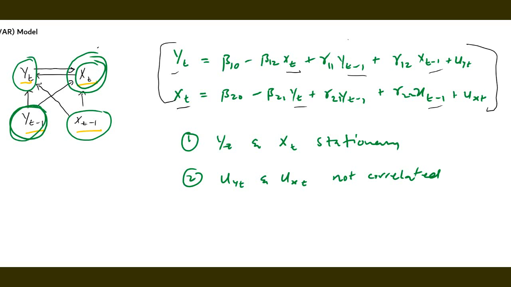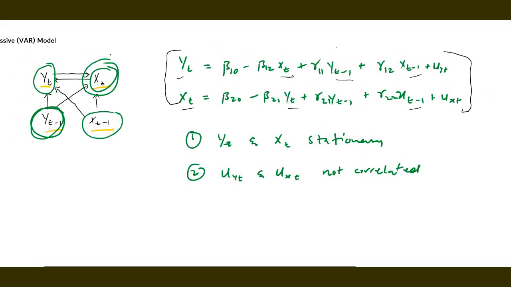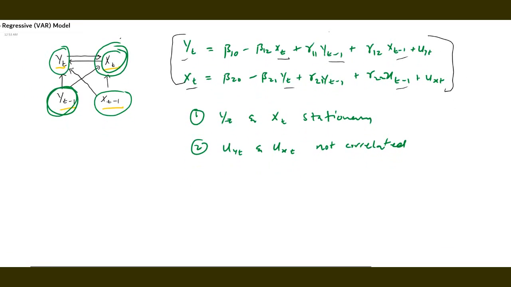We want to convert this model into a reduced form. For that purpose, we write the equation, and we will bring all the major variables, the xt and the yt, to the left hand side and let the other variables on the right hand side.